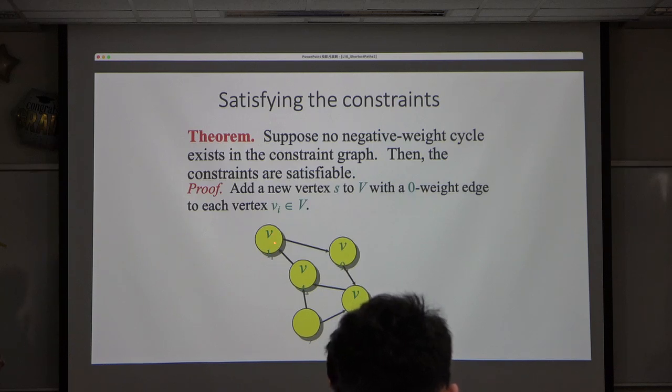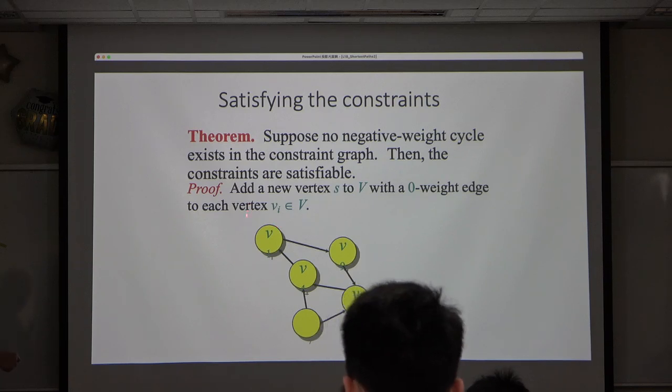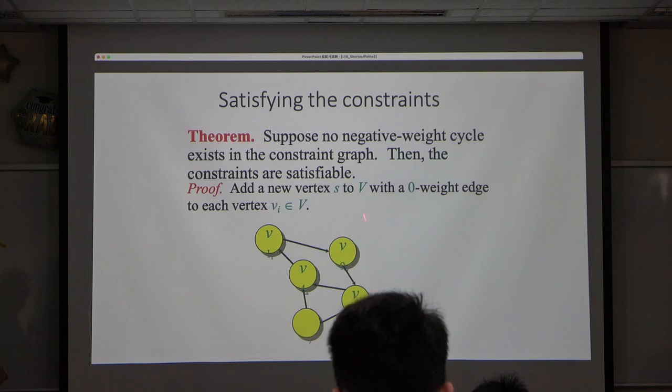First, let's say this is the constraint graph. Assume there's no negative weight cycle in this constraint graph. And then we especially add a new vertex S, which is different from all these vertices, with a zero weight edge to each vertex Vi.